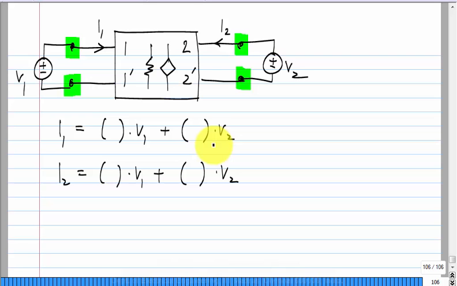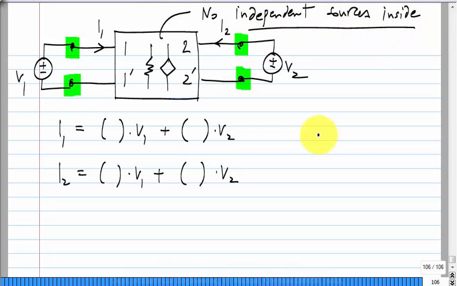Is that true? What is being asked is, if V1 and V2 are 0, will I1 and I2 be equal to 0? Yes or no? Why? There are no independent sources in the circuit. Okay. So linearity means that it has to be homogeneous, right? So if you have 0 excitation, you should have 0 response. So it will be true. So this, earlier I wrote it, there are no independent sources inside.